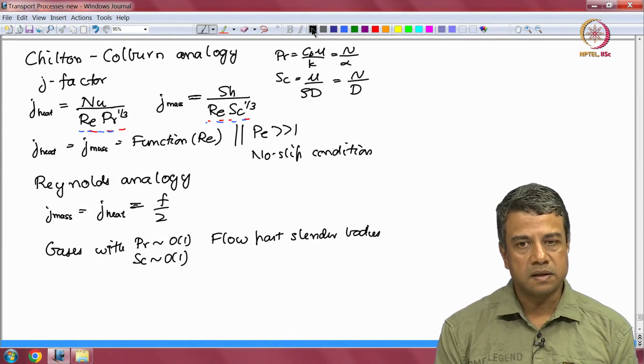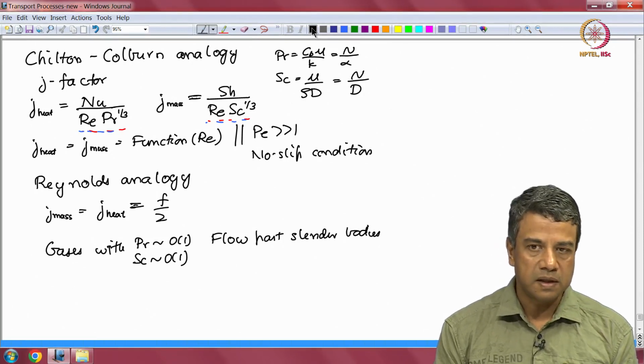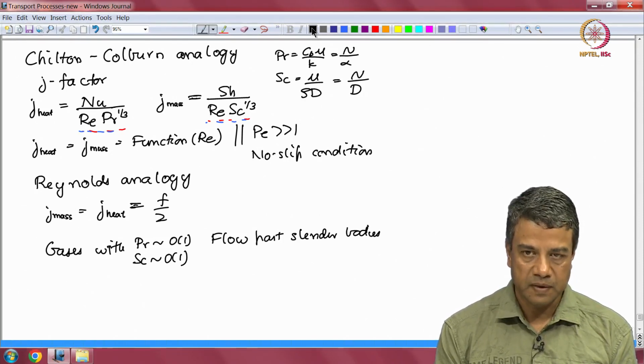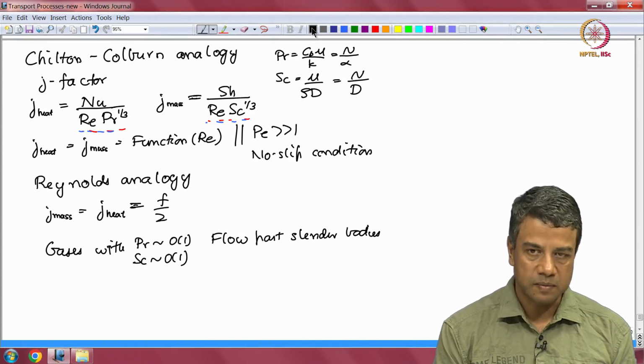The other reason is because in the case of mass and heat transfer, the quantity that is being transported is different from the mechanism of transport. Mechanism of convective transport is the velocity, whereas the quantities being transported are heat and mass.